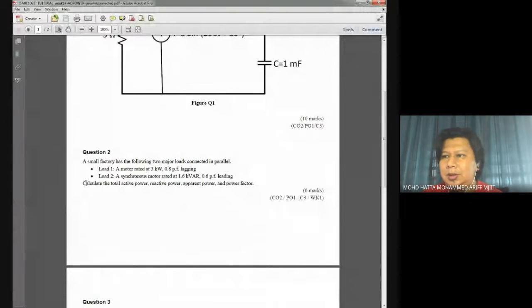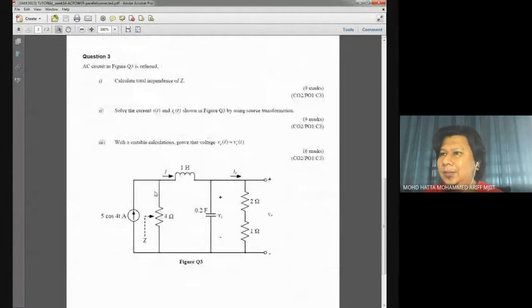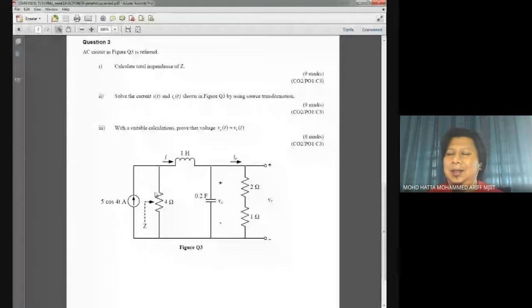But of course, this question is also important when you are facing your final exam. Okay, we try to focus on question number 3, because question number 3 might be involved in our test 2. All right.